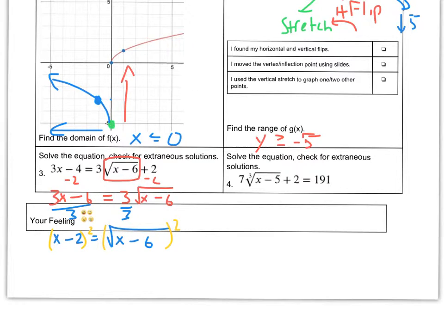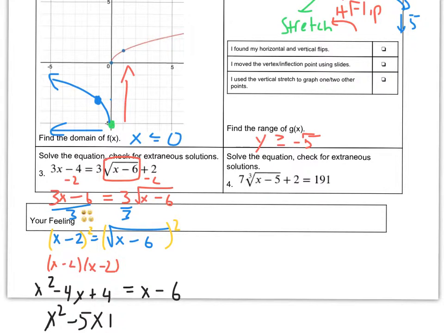On the left side, that gives me x minus 2 times x minus 2, which when I do some double distribution, gives me x squared minus 4x plus 4. And on the right side, I'm going to have x minus 6. Bring that to the other side. I'm going to end up with x squared minus 5x plus 10.